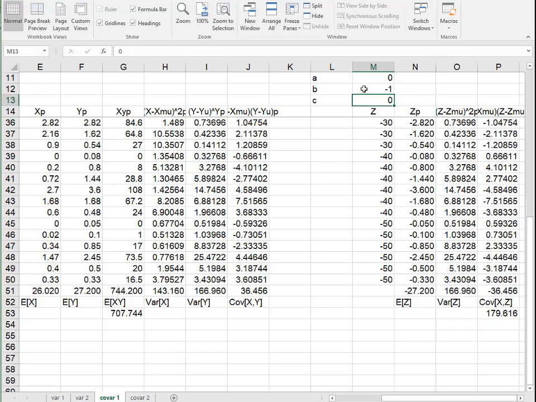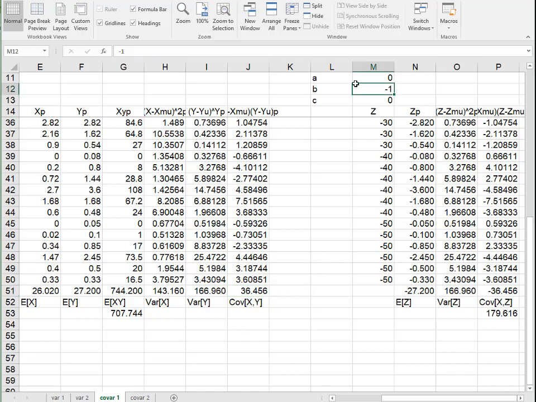So z you can now see is minus y, and the covariance of x with minus y, if you compare that with that, it's minus the covariance of x and y. So it's just been multiplied by minus 1.